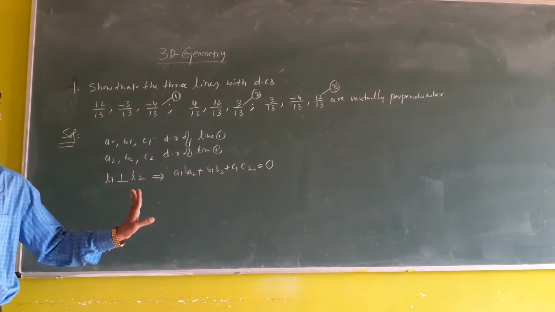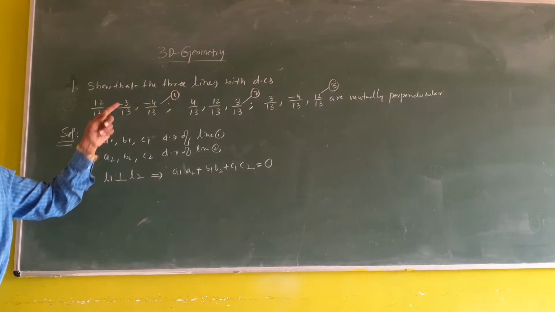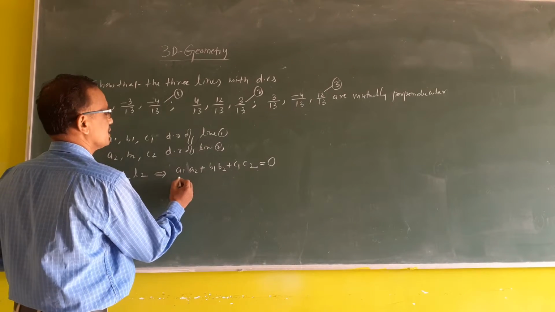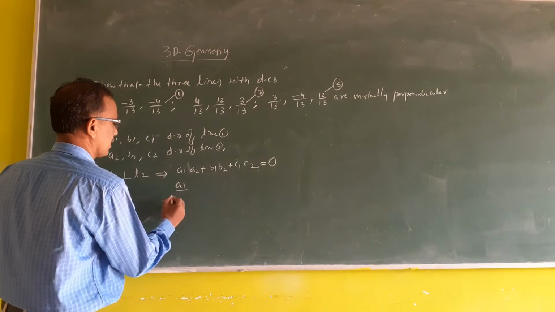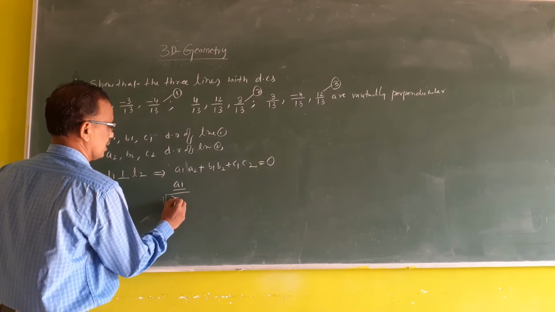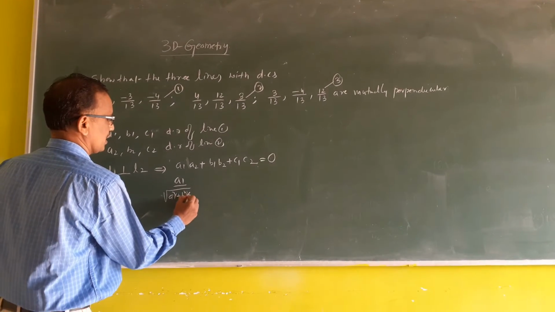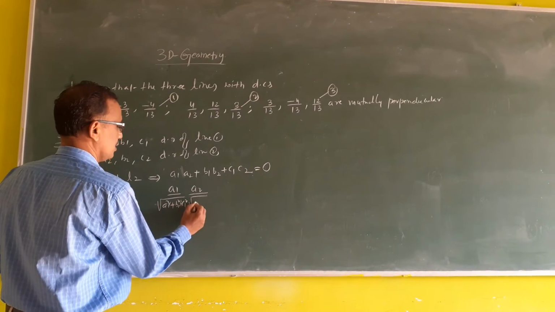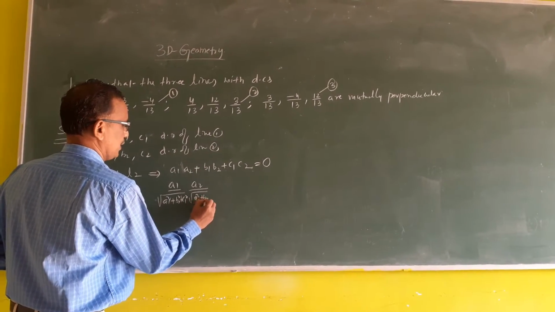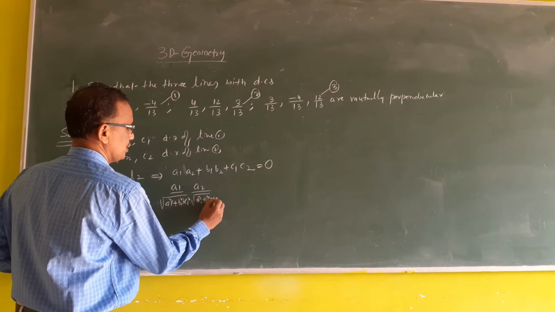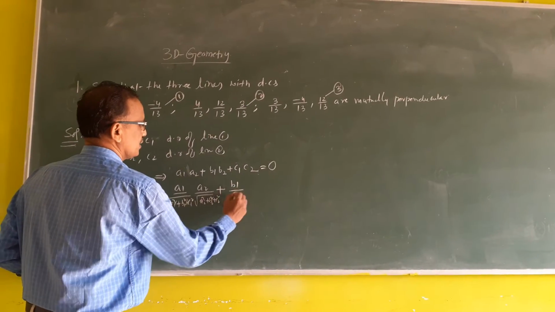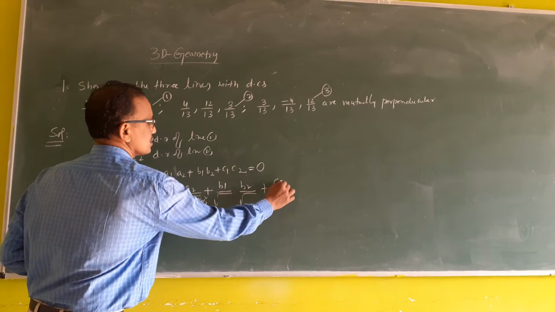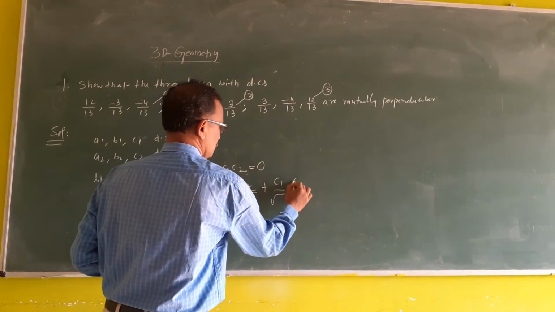This is the direction ratios relation. But here direction cosines are given. Okay, no problem. So just divide this: a1 by root of a1 square plus b1 square plus c1 square, a2 by root of a2 square plus b2 square plus c2 square. So b2 also divide this, c1, c2.